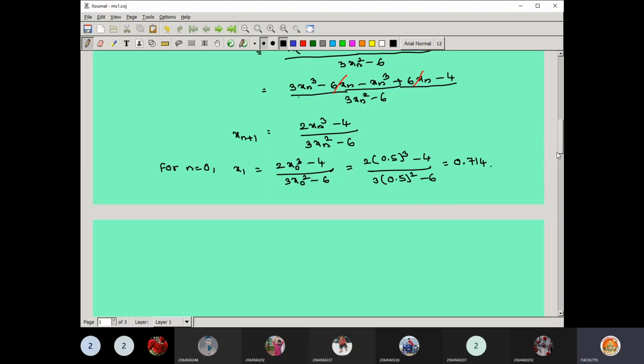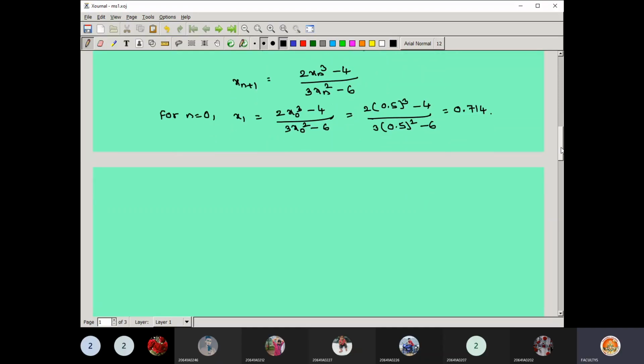In order to stop the procedure, better you go for the next approximate root. So I am substituting n equal to 1 so that you get x2 equal to 2x1 cube minus 4 divided by 3 x1 square minus 6.